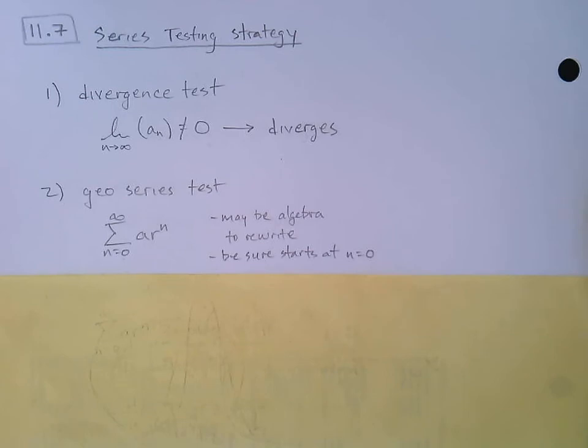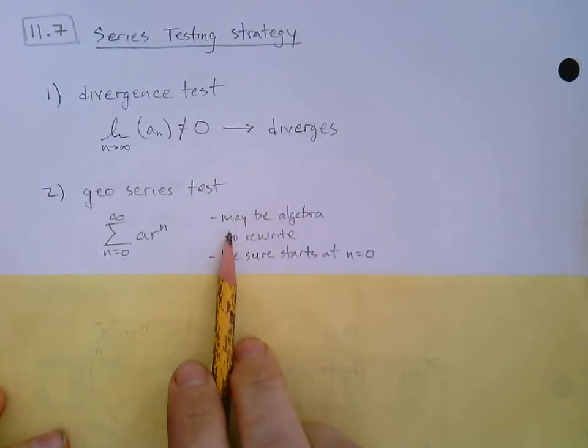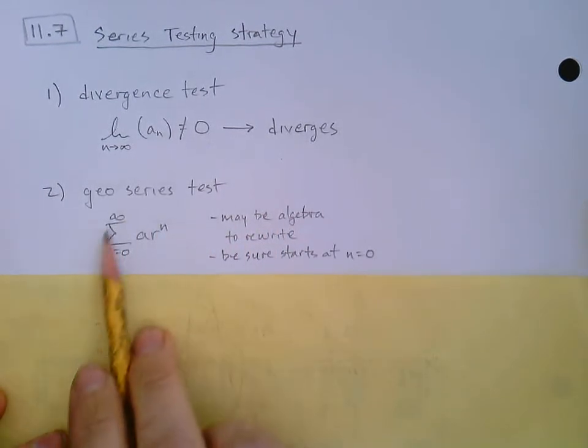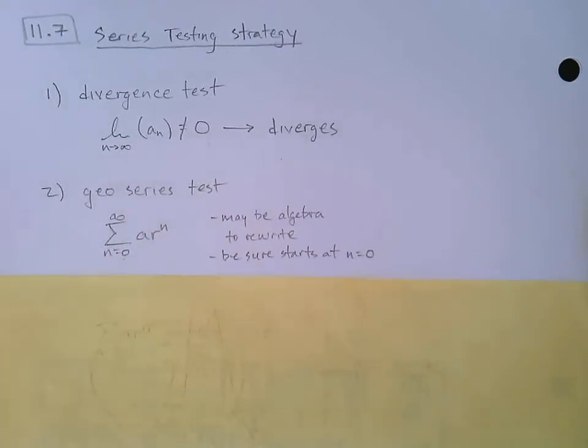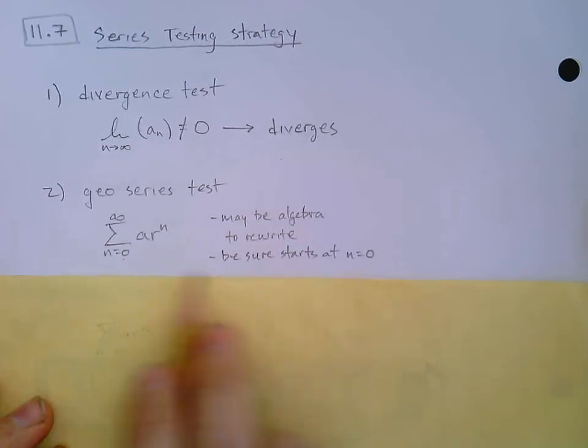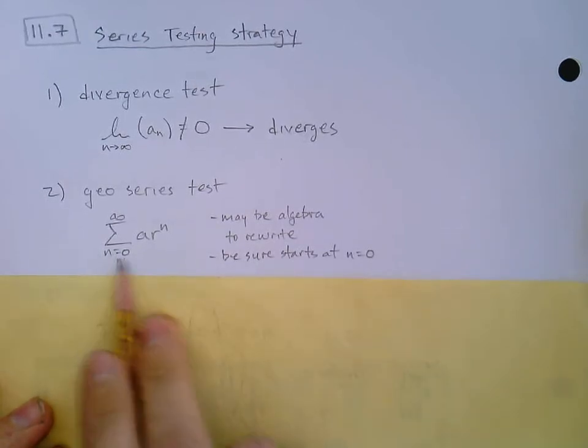Just identify whether the absolute value of r is greater than 1, or greater than or equal to 1, or less than 1. Now, there is a disclaimer here. There may be some algebra involved to rewrite the series to make it look as such. Also, be sure that your series starts with 0.